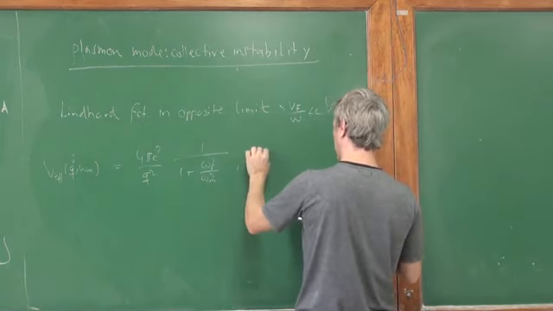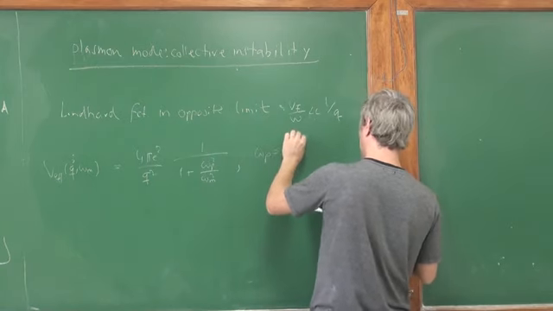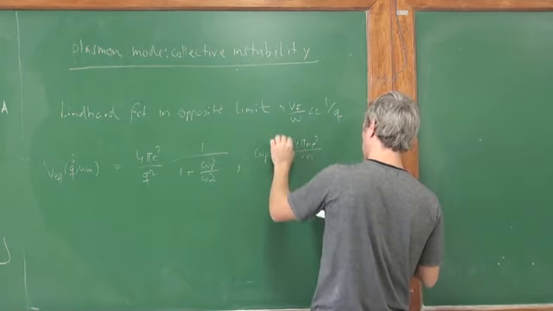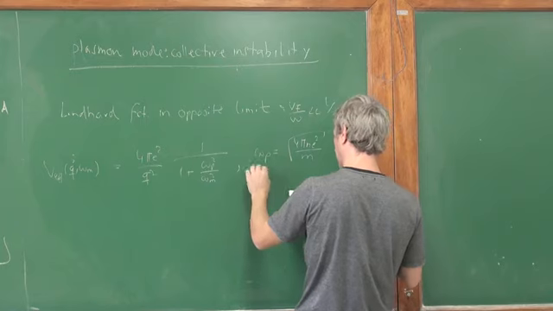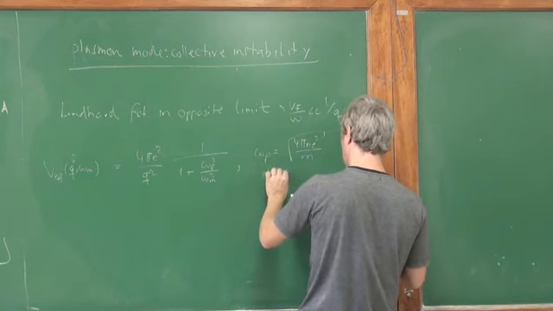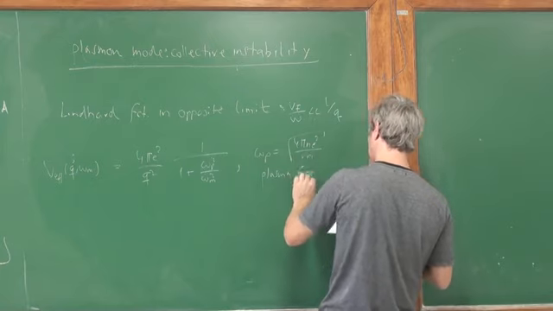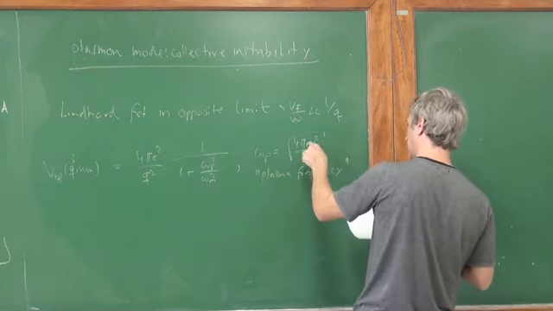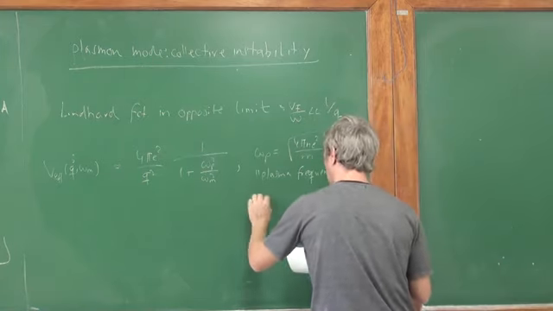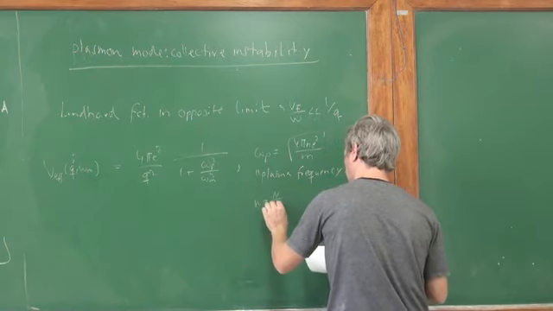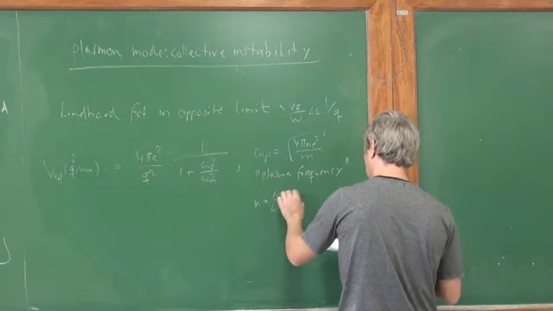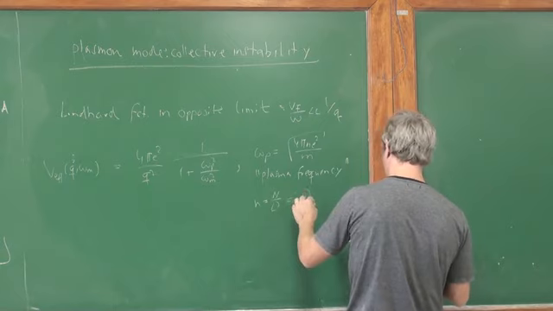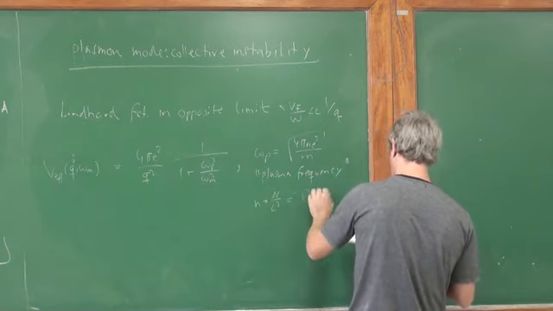The plasmon frequency omega p is given by 4 pi n e squared over m, where this is called the plasma frequency, and n is the density of the electron gas, the total number divided by the volume, which here turns out to be kF cubed divided by 3 pi squared.